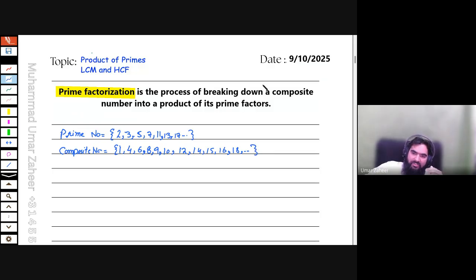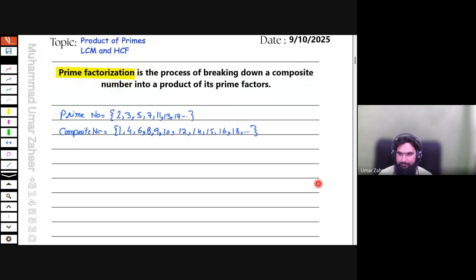All the numbers that are divisible only by themselves and 1 are prime numbers. The numbers that are divisible by more than two numbers are known as composite numbers. We are going to break down composite numbers into the form of prime factors.